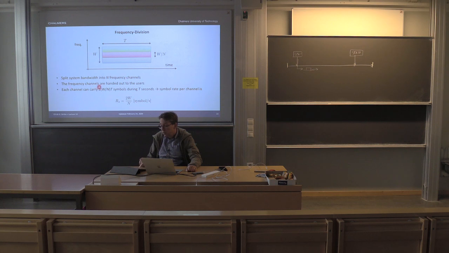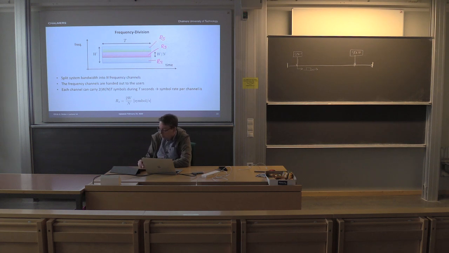Each frequency channel is handed out to one of the users, and then each channel can carry 2 times the bandwidth, which is W divided by N, times T symbols during T seconds. Or the symbol rate we can get is 2W divided by N. Okay, so this is the symbol rate in each of these.